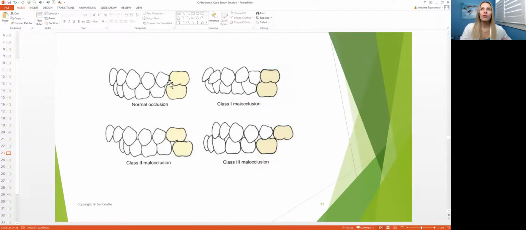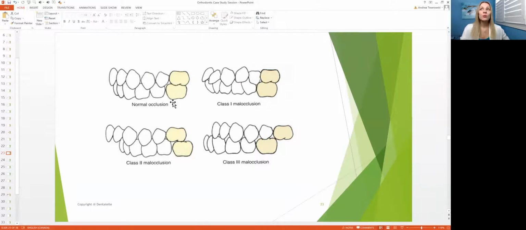So your first molar, the mesial buccal cusp goes into the groove of your first year molar, however you want to talk about it, on the mandible. So you're looking at the top and looking at the bottom. Now let's keep it simple, okay? So that is your normal class of occlusion, class 1.